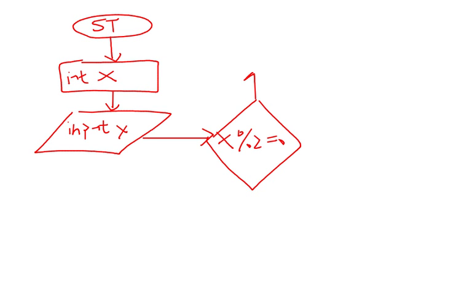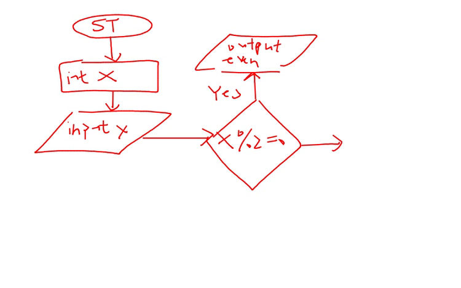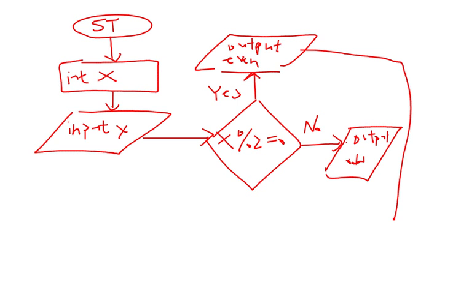If it was, we output that it was even. But now, if it was not, what happened? We output that it was odd. And then, regardless of which output we had, that was the end of the program. So that's how the if-else looks.